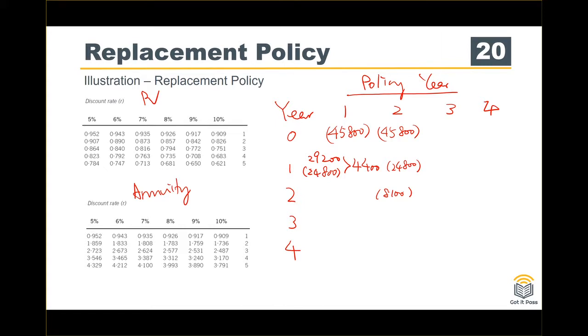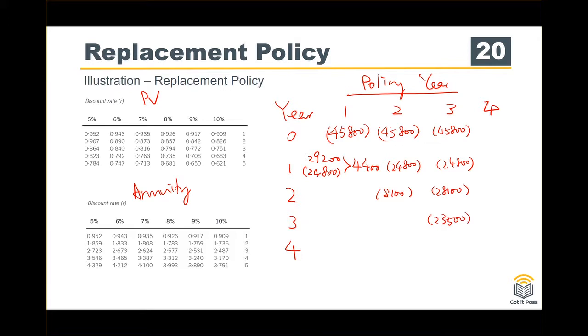So the 3-year policy follows the same logic as the 2-year policy. In the second year, you have to pay the operating cost and the maintenance cost. By the end of the third year, you sell it, and also you have to pay the cost.